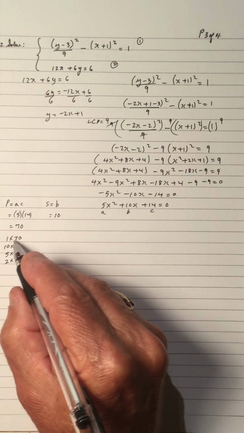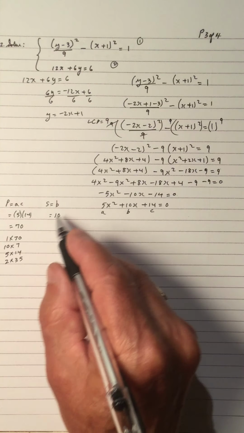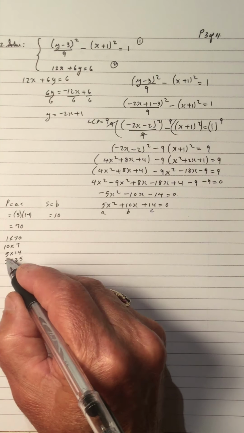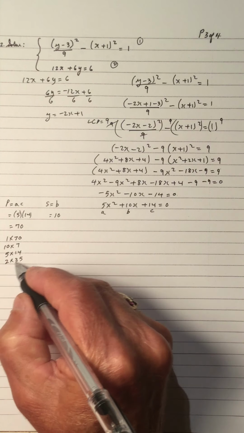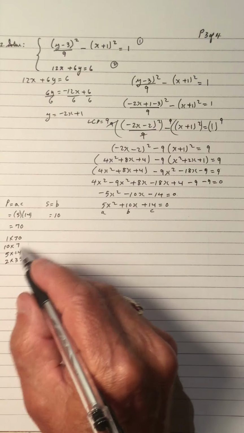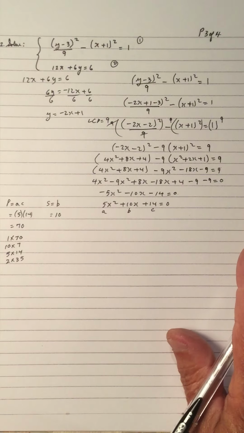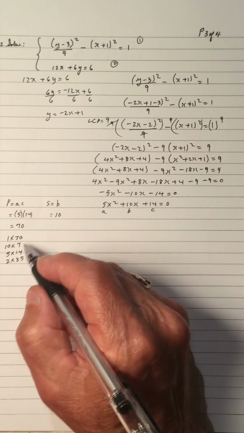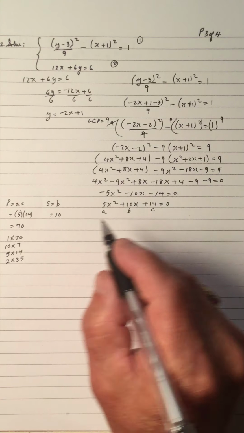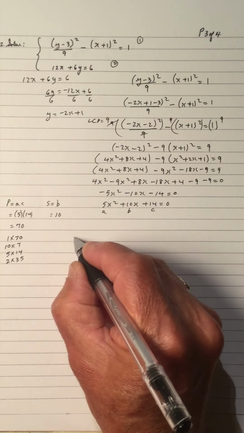So what factors of 70 here add to give you 10? 7 and 1, 1 and 7, 1 and 9, 3 and 7. Nope. So we can't do it by product and sum, which means that the answers here are imaginary or they're irrational. So let's use the quadratic formula.